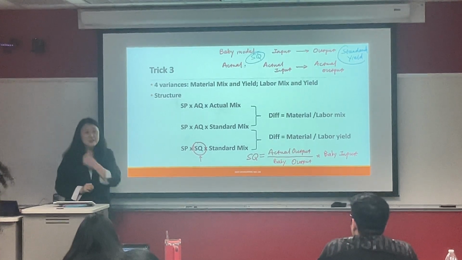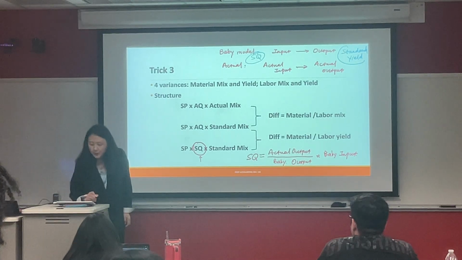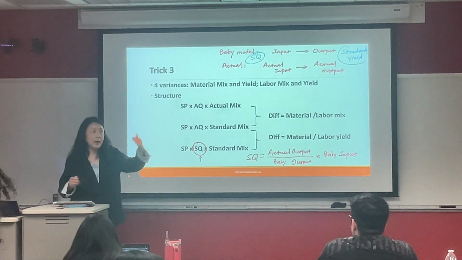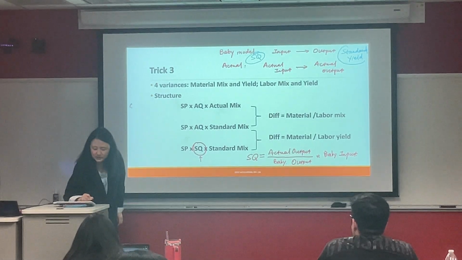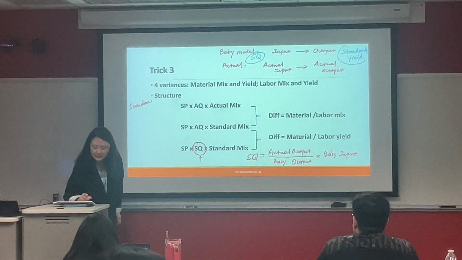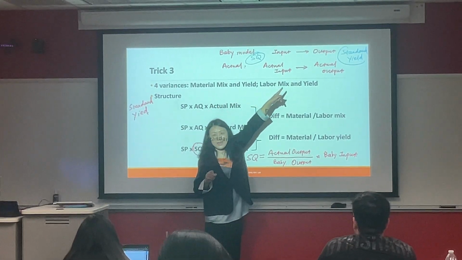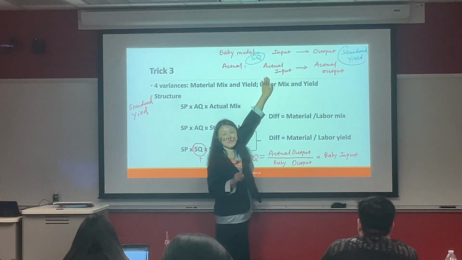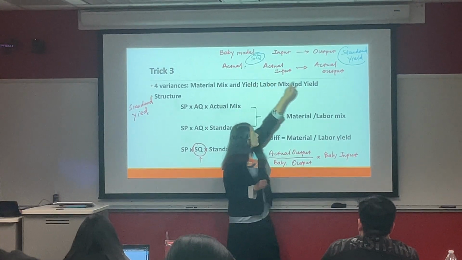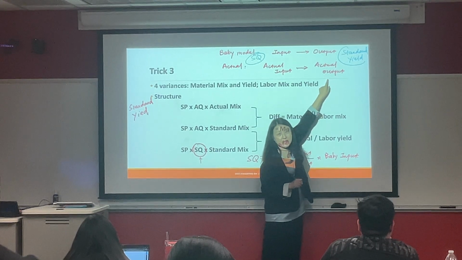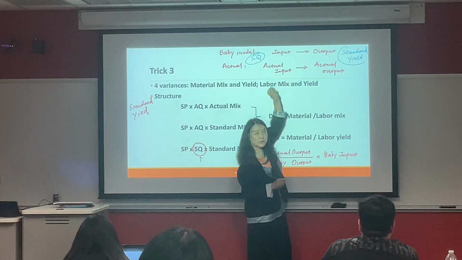Suppose you wanna do standard yield, you wanna apply the formula to calculate the yield. One of the things which is always hard is to calculate the standard yield. You're gonna start with the actual input here. It's the same thing: for SQ, my starting point is the actual output, go up to the baby output, and then go into the input.